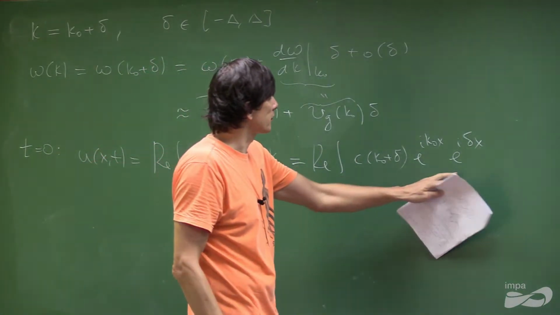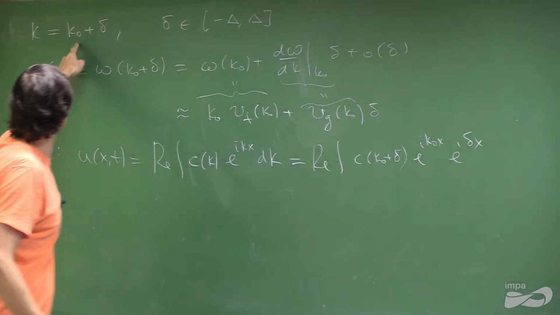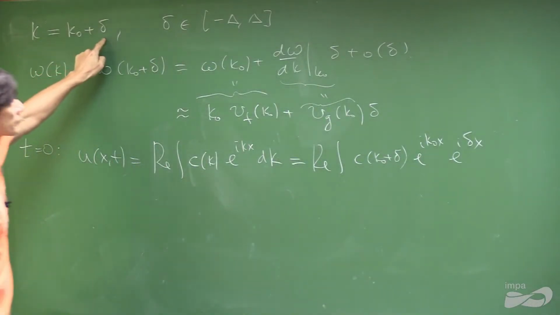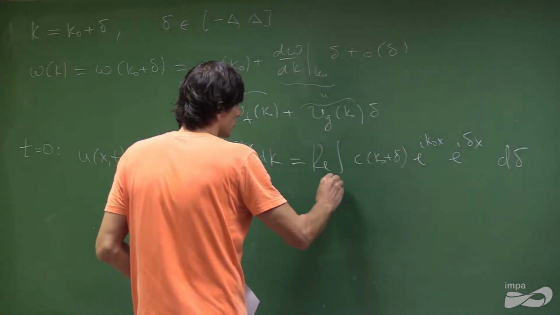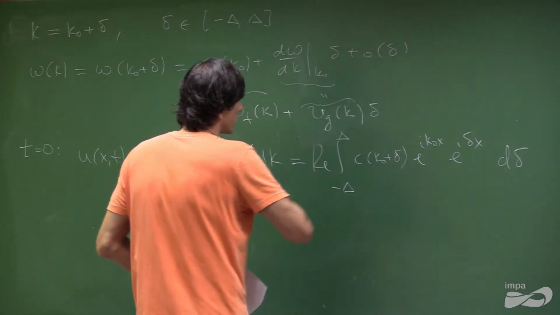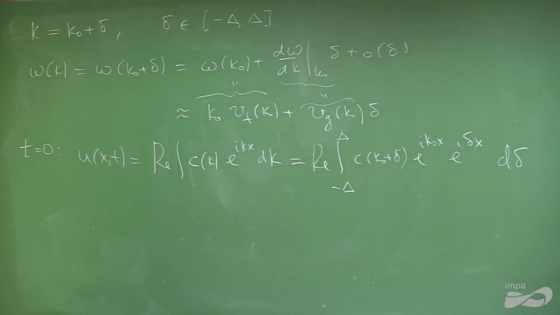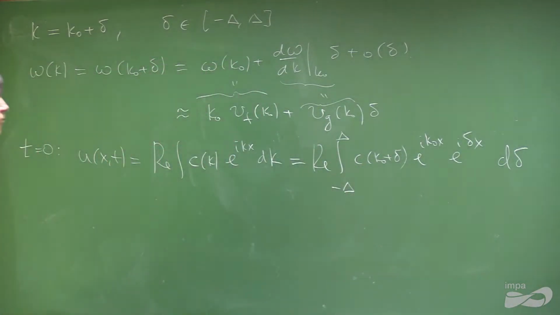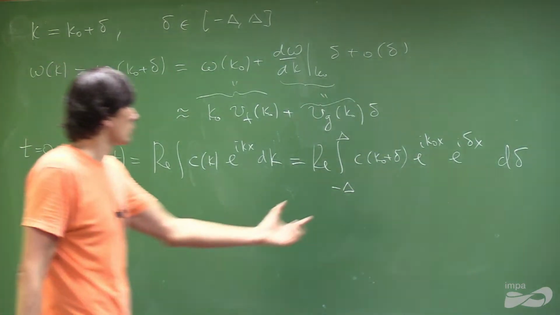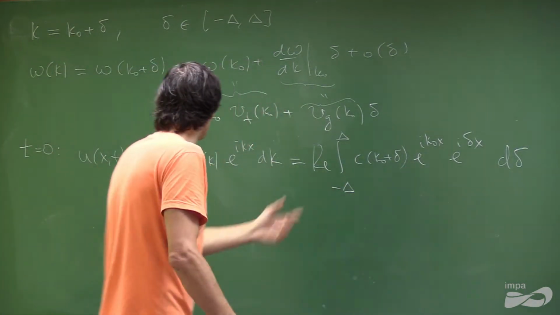Now k0 is constant, so instead of integrating in k, we can integrate in delta. And this integral is now in delta, between minus capital delta and plus capital delta, because this is the region where c is changing. This is constant, it does not depend on delta, so we can remove it from the integral.